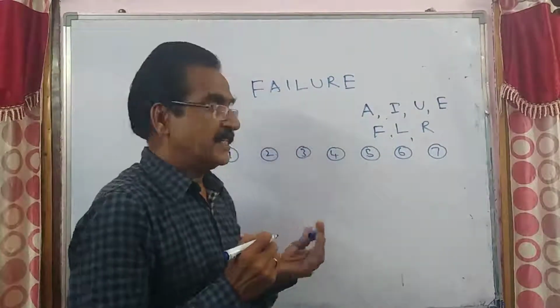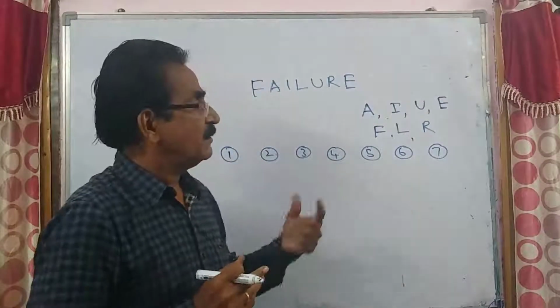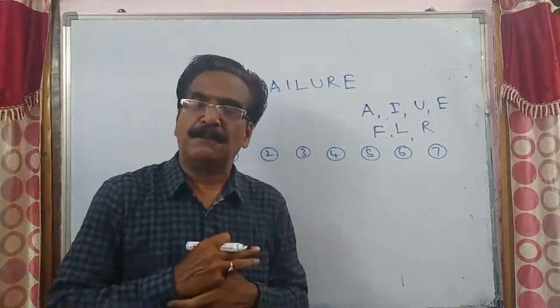In how many ways can the letters of the word FAILURE be rearranged so that consonants occupy odd places?